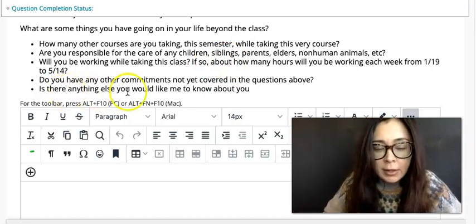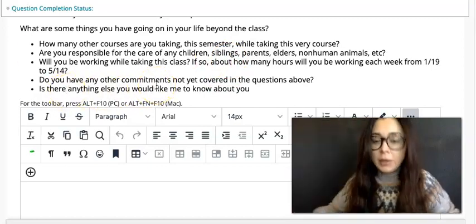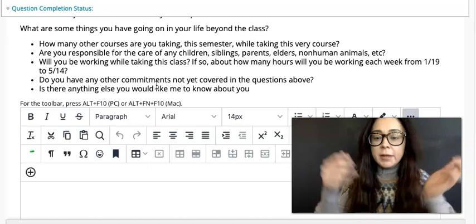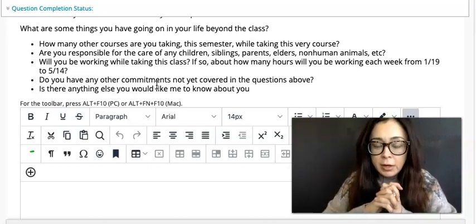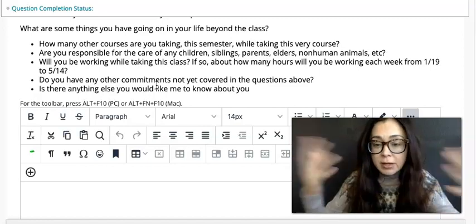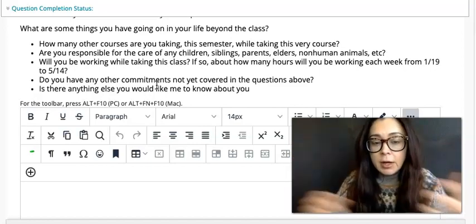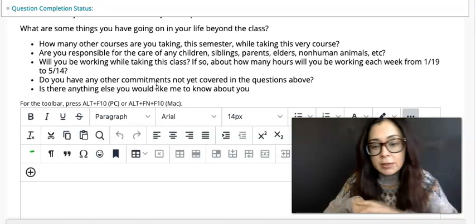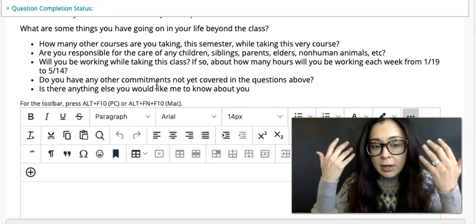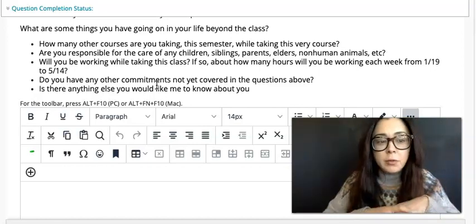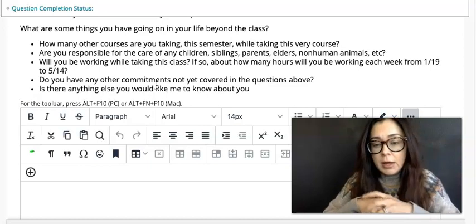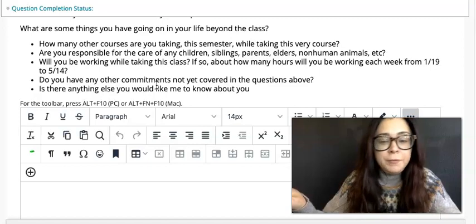And then here again, is there anything else you would like for me to know about you? So some examples here might include like, are you on dialysis? Do you have to make time each week to get your treatment? Do you have a child with autism or some other kind of disability who requires weekly visits with the therapist? Do you have food insecurity?